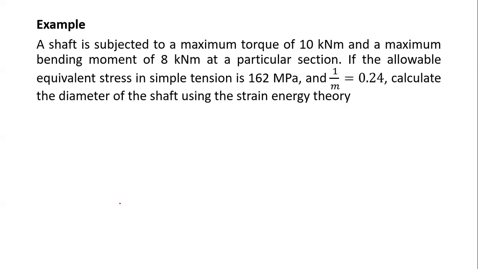The question says, a shaft is subjected to a maximum torque of 10 kilonewton meters and a maximum bending moment of 8 kilonewton meters at a particular section. If the allowable equivalent stress in simple tension is 162 megapascals, and 1 over m, that constant, is equal to 0.24, calculate the diameter of the shaft using the strain energy theory.